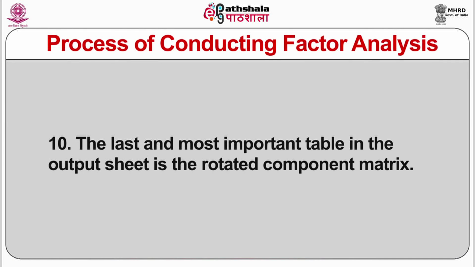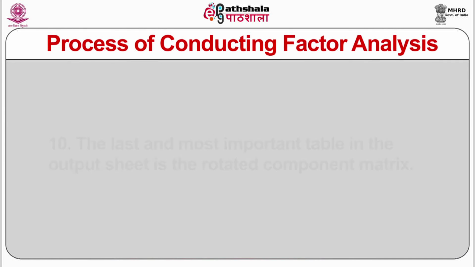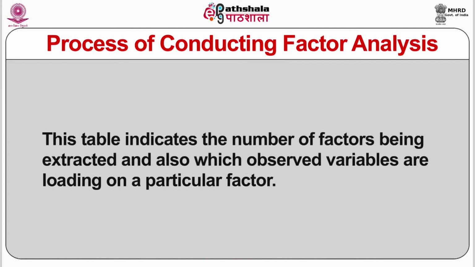The last and the most important table in the output sheet is the rotated component matrix. This table indicates the number of factors being extracted and also which observed variables are loading on a particular factor.